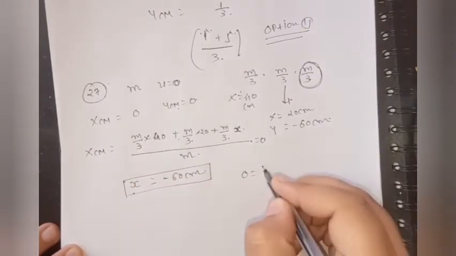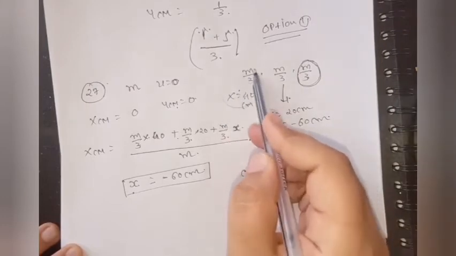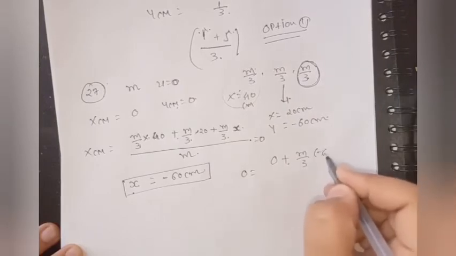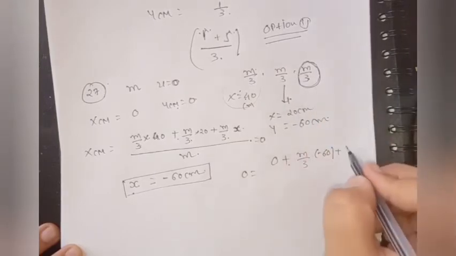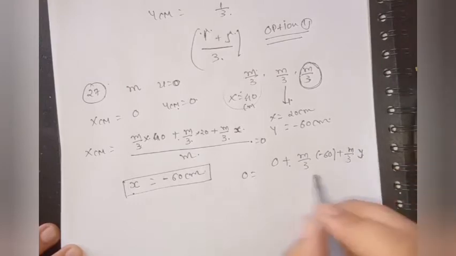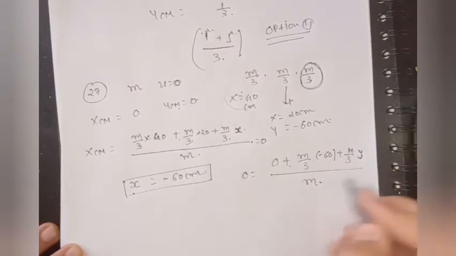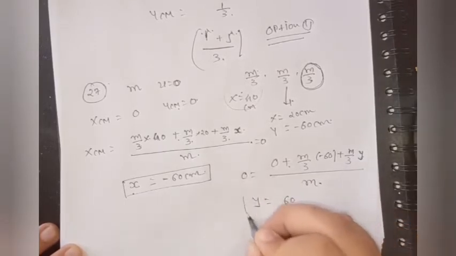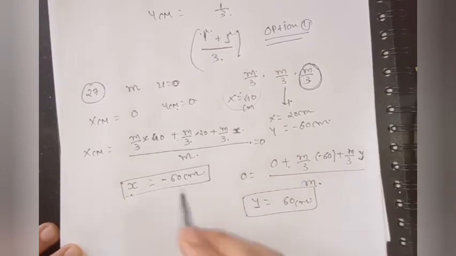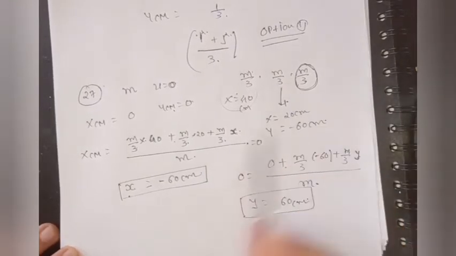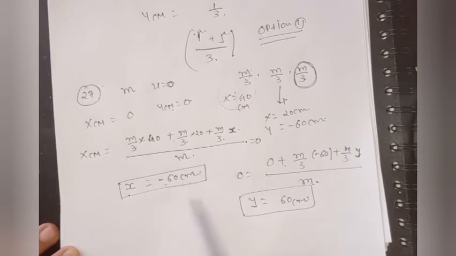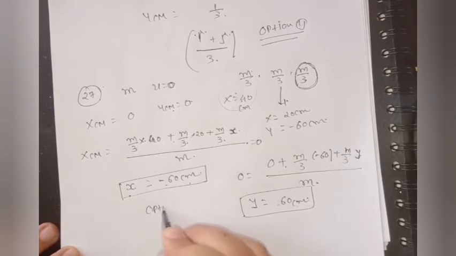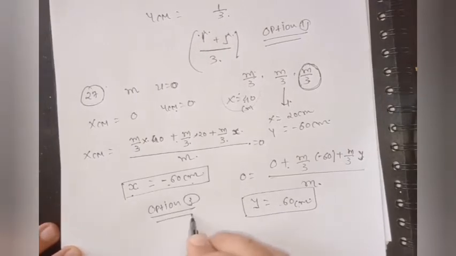So 0 equals m by 3 times its y coordinate, which is 0, plus m by 3 times its y coordinate, which is minus 60, plus this mass m by 3, let's say its y coordinate is y, divided by total mass m. By simplifying this, we'll get y equals plus 60 centimeter. So coordinate of third particle will be minus 60 centimeter along x-axis and plus 60 centimeter along y-axis. So option 3 is correct option.